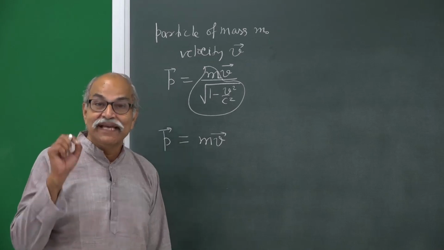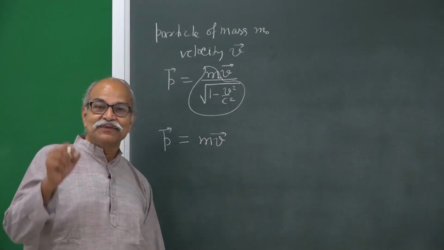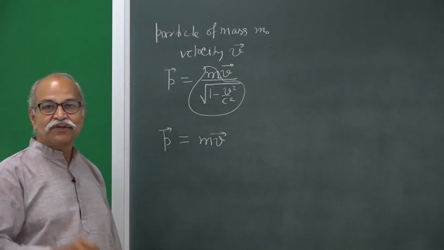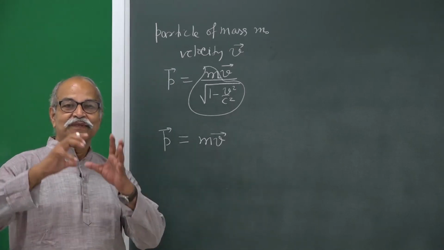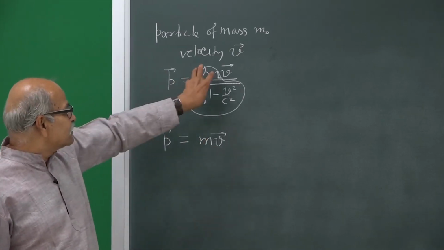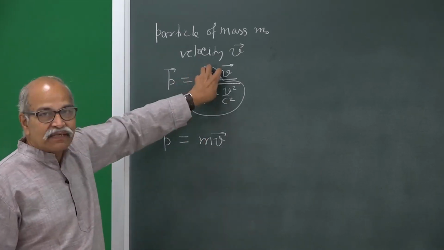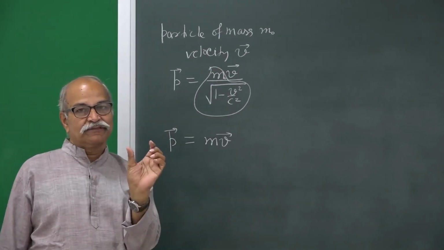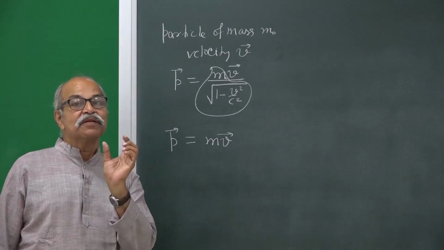Mass of the electron is 9.1 into 10 power minus 31 kg, proton mass this much, neutron mass this much, mass of a helium nucleus this much. So, that mass is a property of the particle, just like a particle has a particular charge. Similarly, a particle has a particular mass.